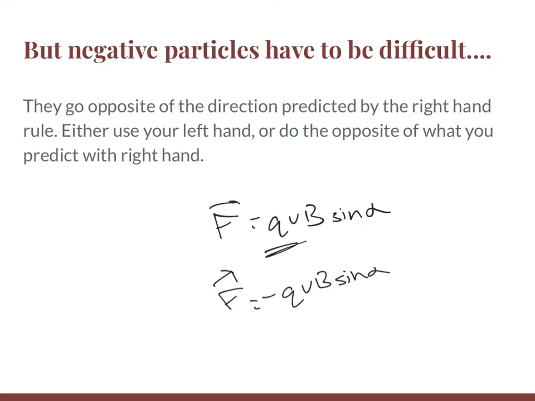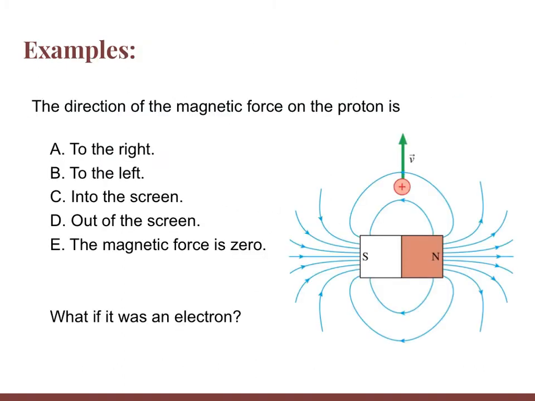You can also, if you feel like it, use your left hand for negative particles. So you do the left hand rule and get everything backwards. Any of those methods works. You just have to know negative particles, like electrons, go opposite the direction that you would find with the right hand rule.